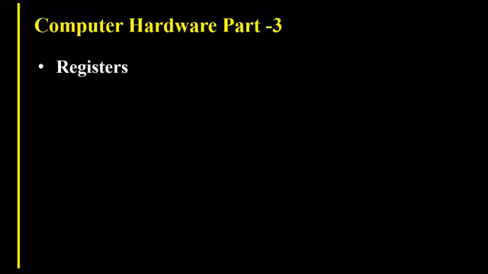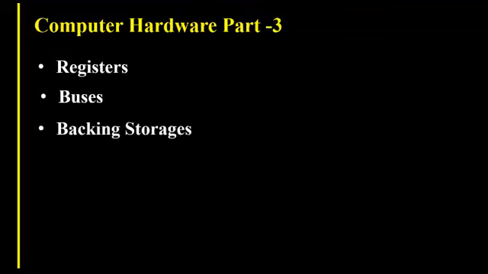One, we are going to look at the registers. We need to understand what are computer registers. Then we shall also look at the buses. Of course, we are going to explain, and you will understand what are the computer buses. Then we are going to look at the backing storages.